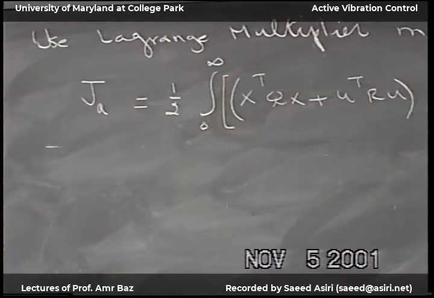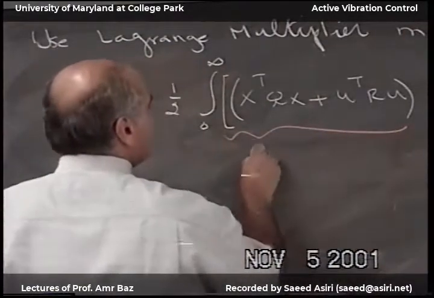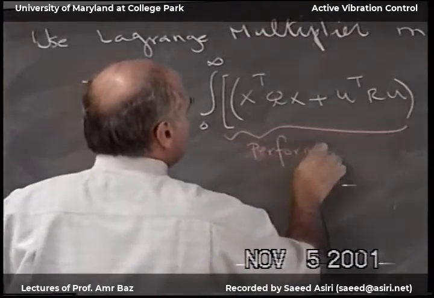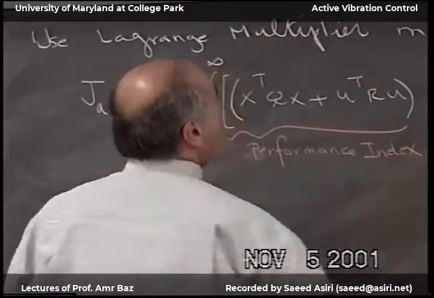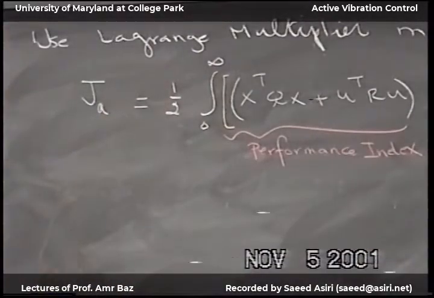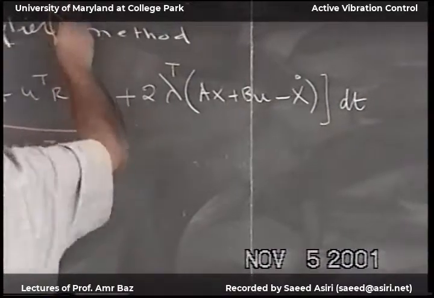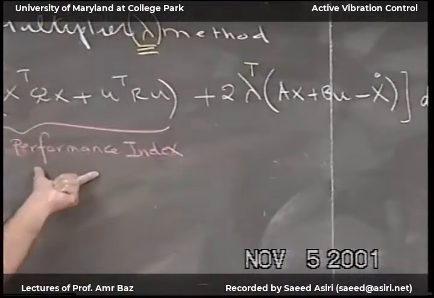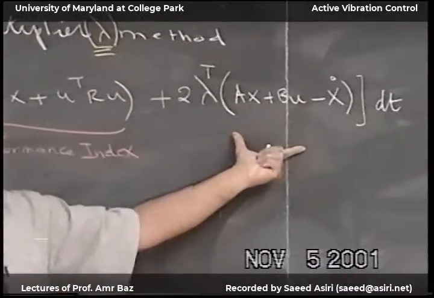So now this is the main objective function, the performance index. When I use the Lagrange multiplier lambda, I augment the performance index with how much I violate the constraint.